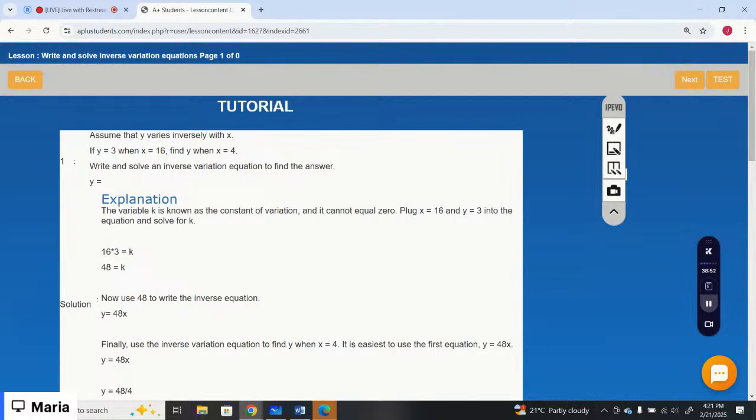Assume that y varies inversely with x. If y equals 3 when x equals 16, find y when x equals 4.